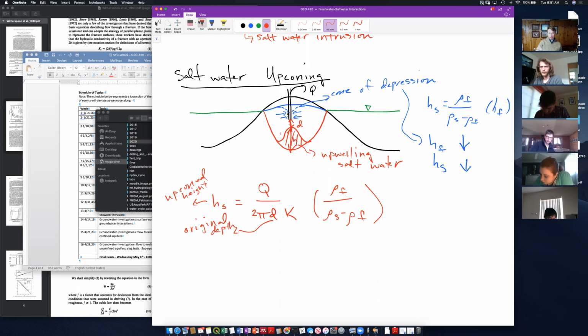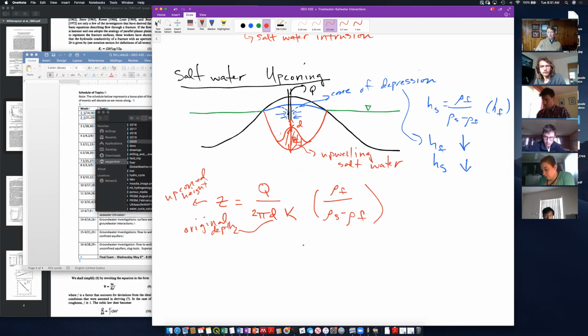I'm going to change this. It's just horrible, but you're going to have to live with my scribbling and changing things. It doesn't make sense to call this H sub S because we've been defining H sub S as the depth beneath the water table. Z is the change in height, or the height of our cone, and D is the original height. So the more I pump, the higher Z gets, or the higher the increase in my cone height from the original depth towards my well is.